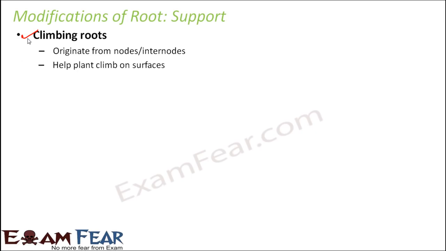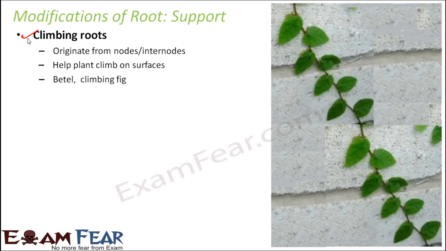They help plants climb on surfaces. So what basically happens in such roots is that the roots secrete some sticky substances that attach the plant firmly to the support or the external surface. For example, here you can see the example of a betel leaf. So here the roots modify themselves in this way, that they will stick to the surface.